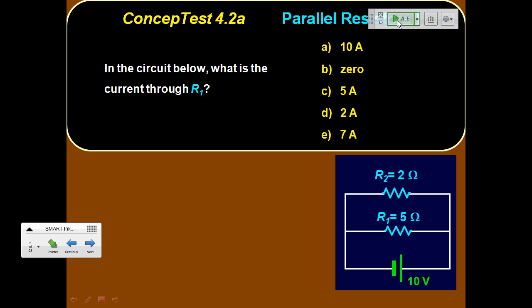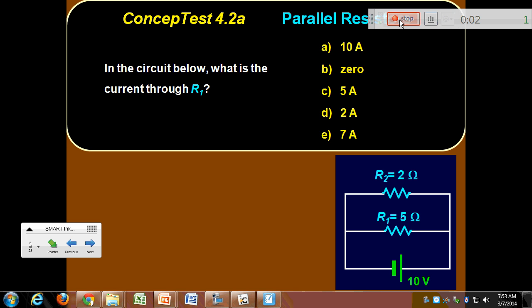What is the current through R1 here? Stop at 50 seconds.